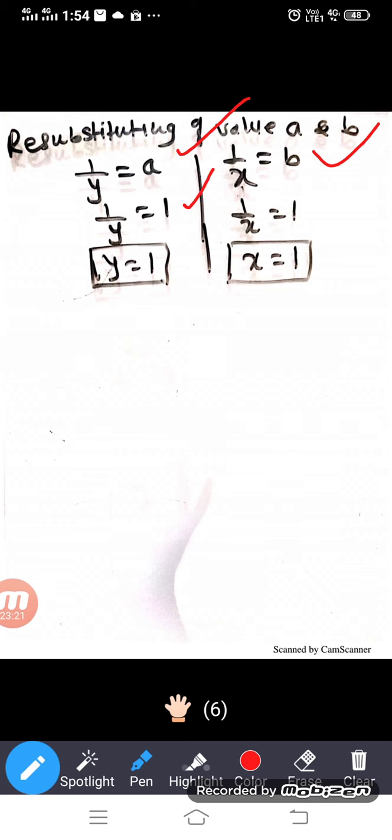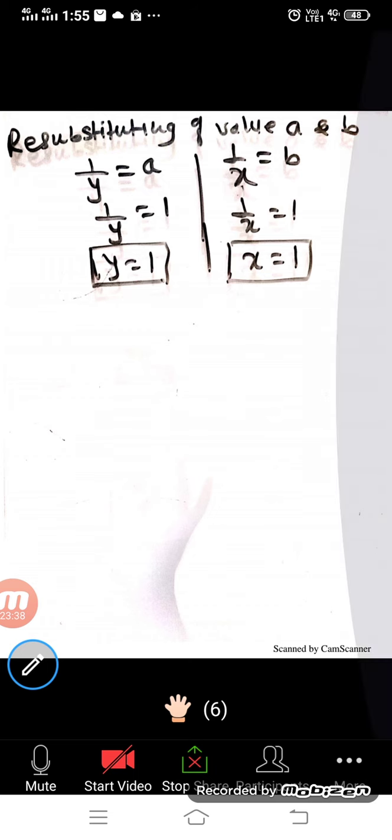Then we get by cross multiplication y is equal to 1. Similarly, we substitute the value of b, 1 upon x is equal to b, also b is equal to 1. Cross multiplication, x is equal to 1. These are the solution of given equation. Write down here.